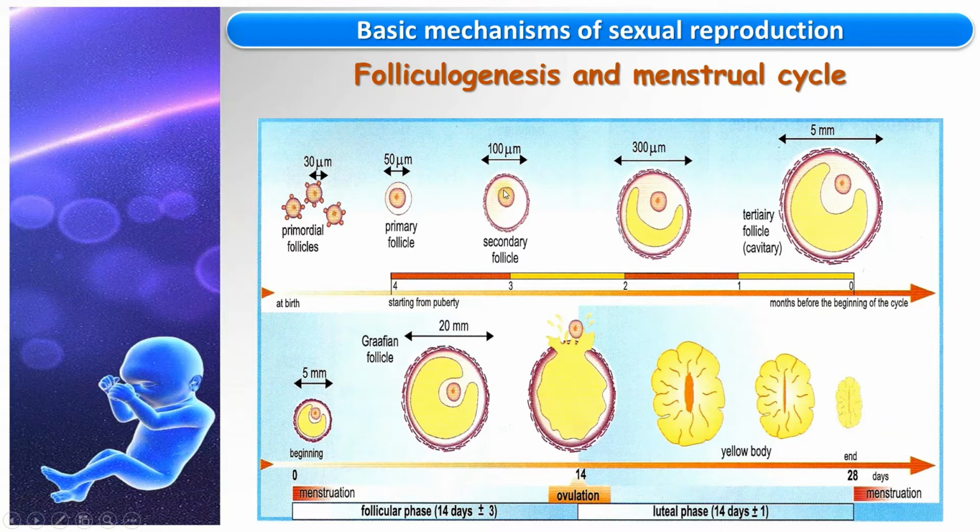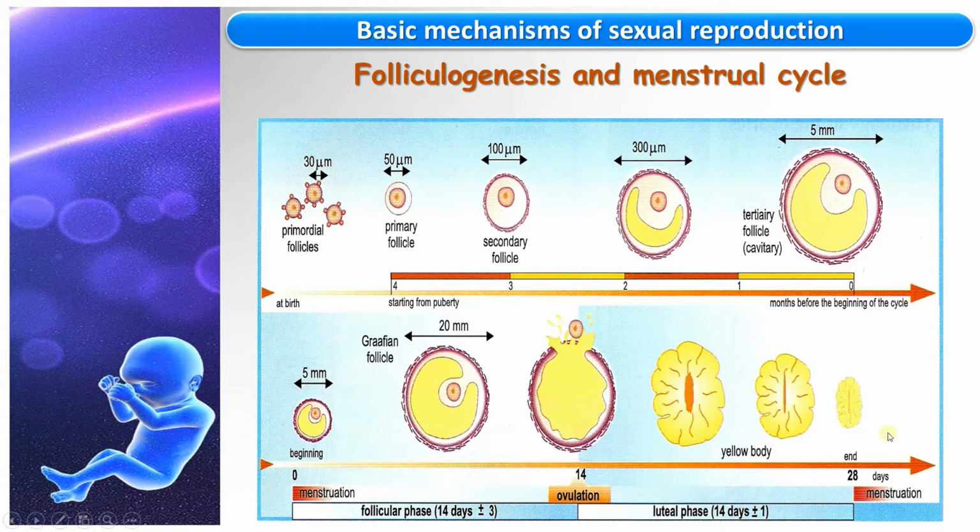After that, secondary follicles give the cavitary follicle. This process, the transformation of primordial follicles into cavitary follicles, needs 3 to 4 months. When cavitary follicles are obtained, the girl becomes ready to have a menstrual cycle.